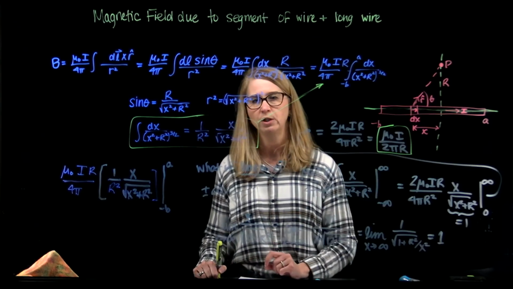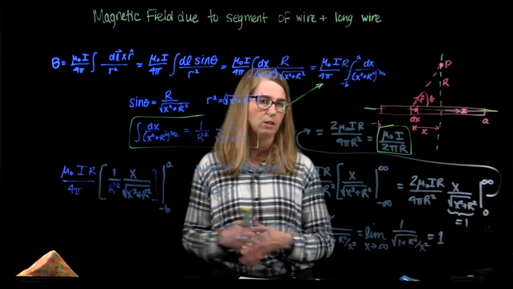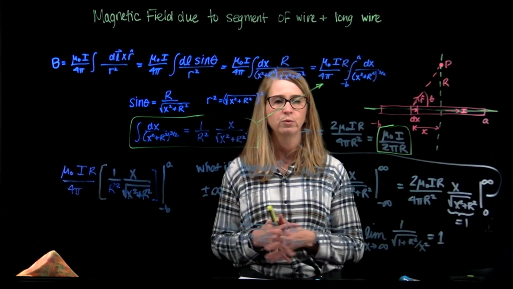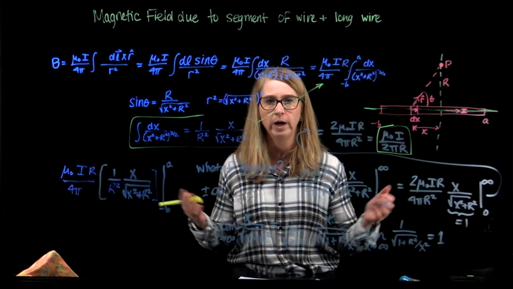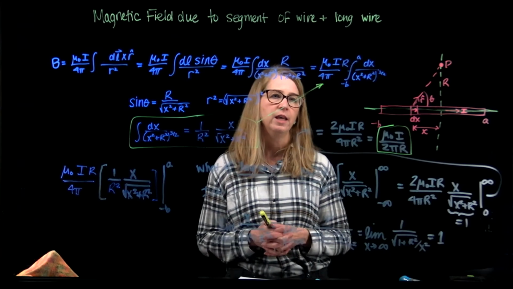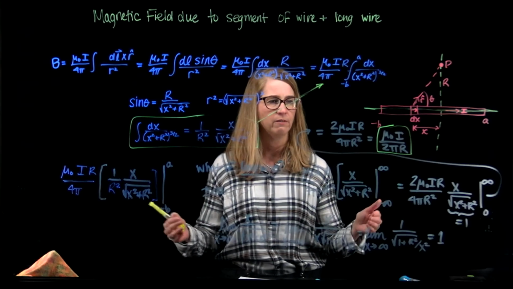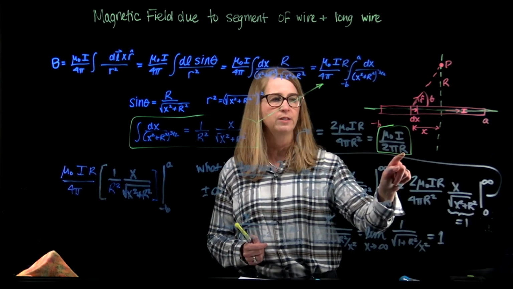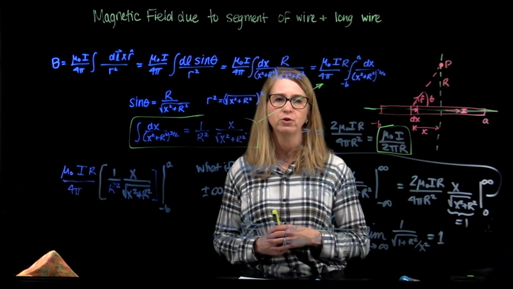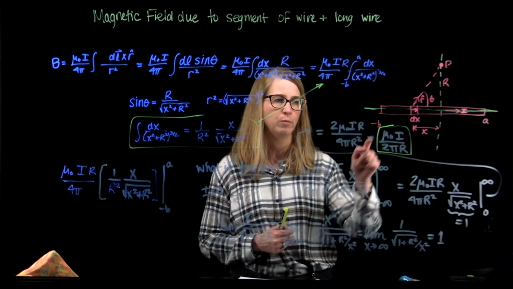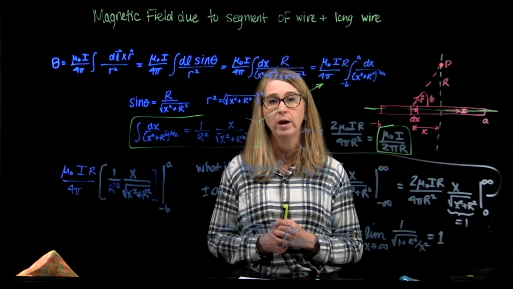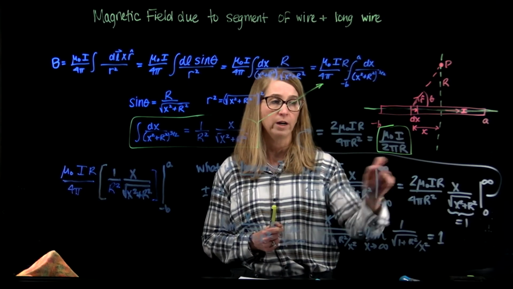What's really useful is this: if I have a really long wire, and you need to know the code words when you're working in physics, long wire basically means treat it like it's infinitely long. Then you don't have to worry about the ends of it, and at any point some distance r away from the wire, this is going to be the strength of the magnetic field. It'll be proportional to the current and inversely proportional to the distance away from the wire itself.